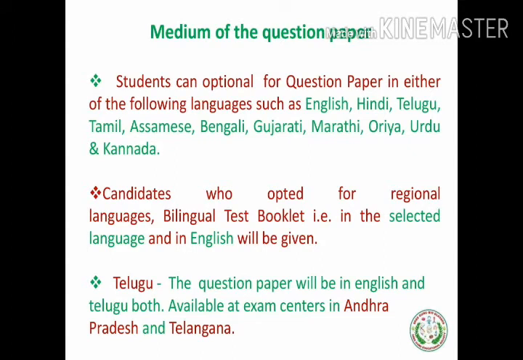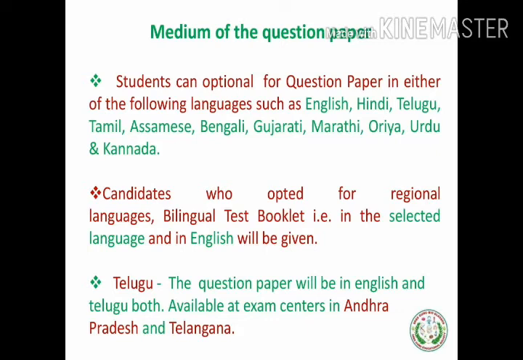Now come to the medium of the question paper. The NEET will be held in the following 11 languages: English, Hindi, Telugu, Tamil, Assamese, Bengali, Gujarati, Marathi, Oriya, Urdu and Kannada, and students can opt for one of the languages from this list.